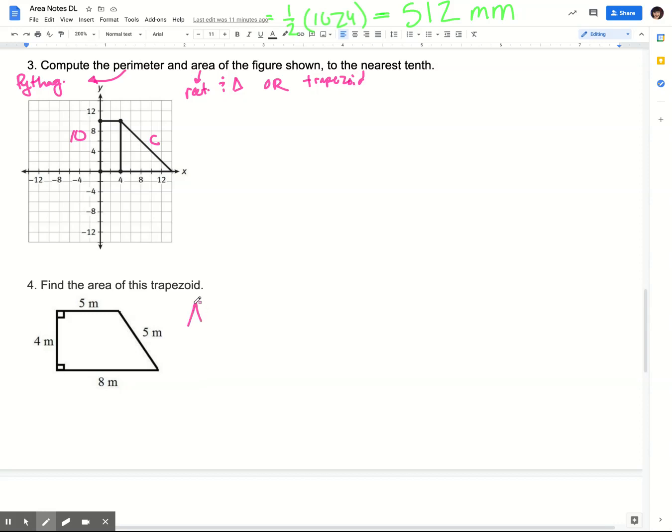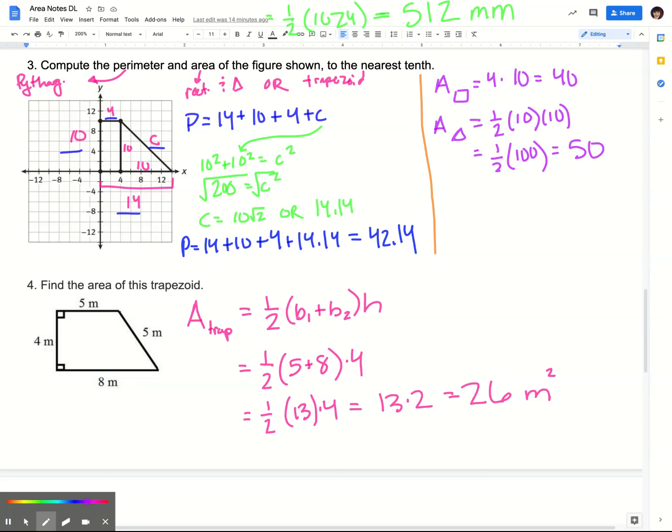I just want to remind you what the area of a trapezoid is: 1/2 of base 1 plus base 2 times the height. So go ahead and pause the video, give this one a try, these two a try on your own, and then check back with me to see how you did.